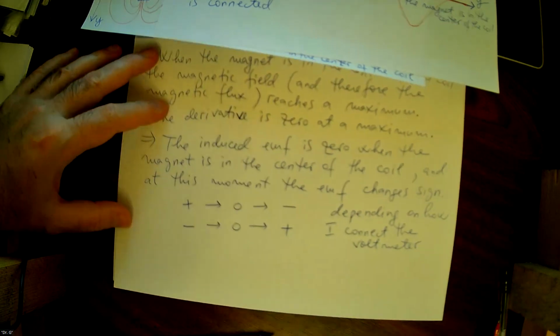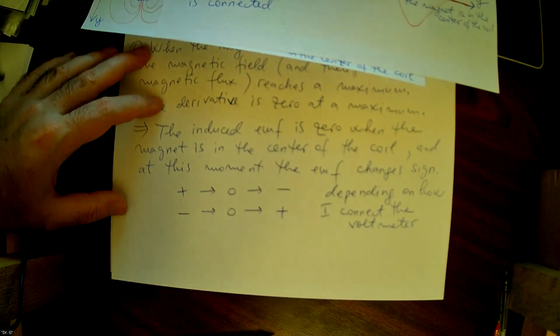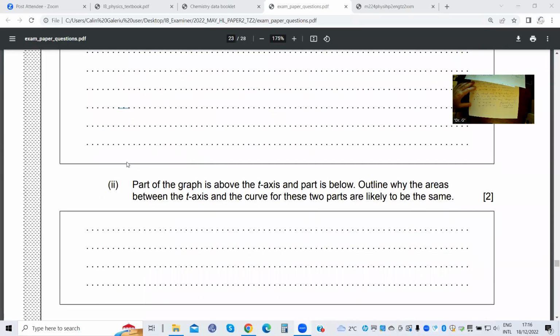Okay. Next part of the question. Part of the graph is above the time axis and part is below.